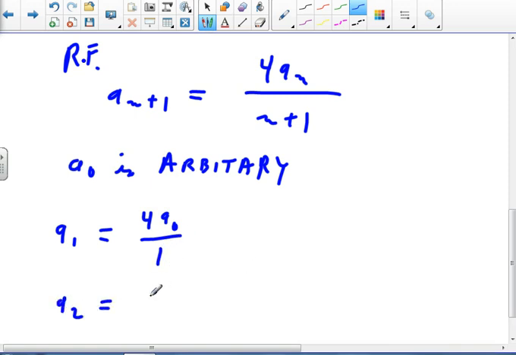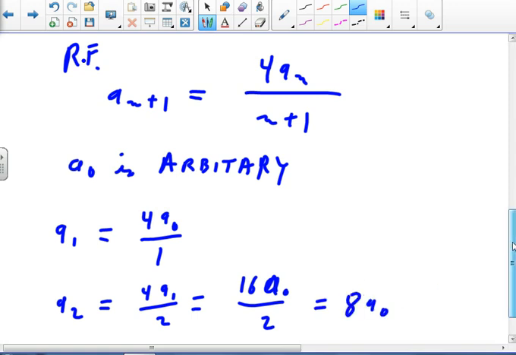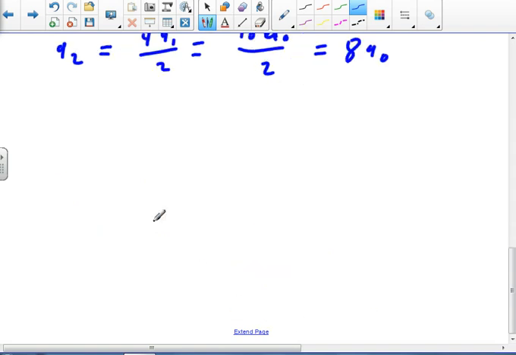a2 has to be 4 a1 over 2, which is 16 a0 over 2, which is 8 a0. a3 has to be 4 times a2 divided by 3.